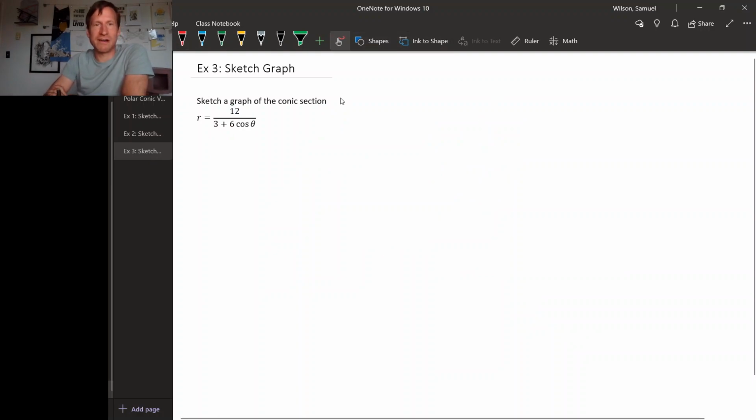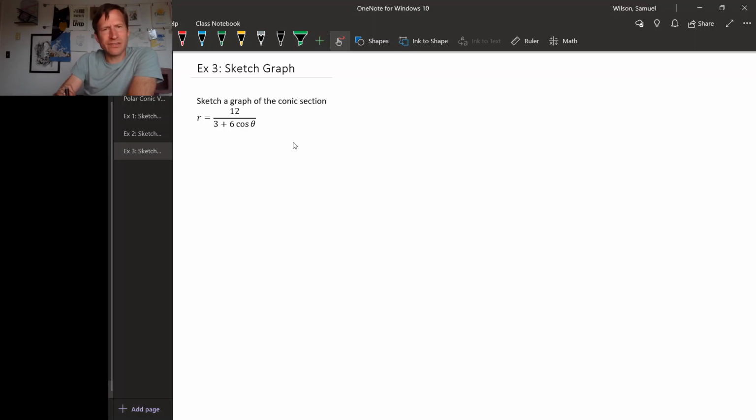Let's sketch the graph of this conic section. r equals 12 over 3 plus 6 cosine theta. This does not really look like the general form of a conic section equation that we've been working with. Because of the plus in the middle and the cosine in the denominator, we should probably compare this to E times D over 1 plus E cosine theta.